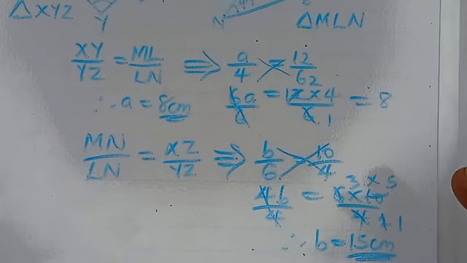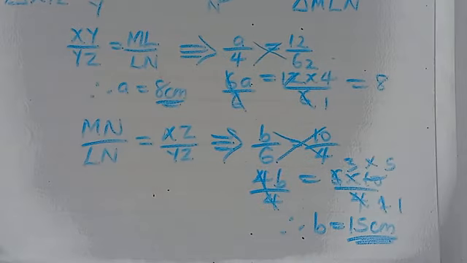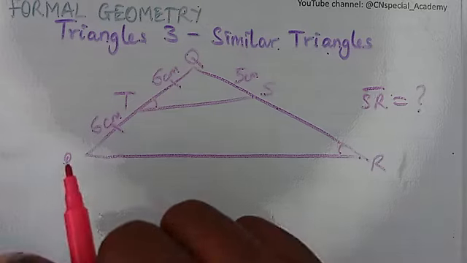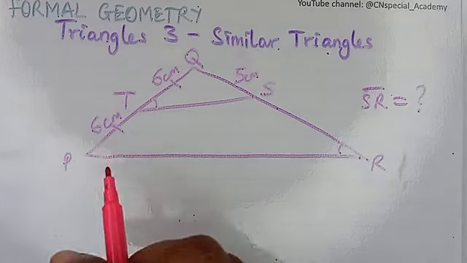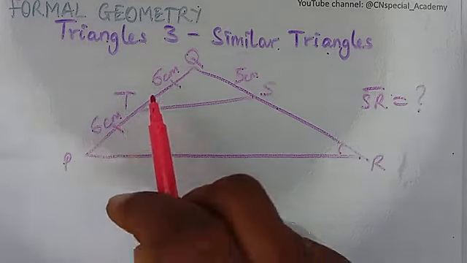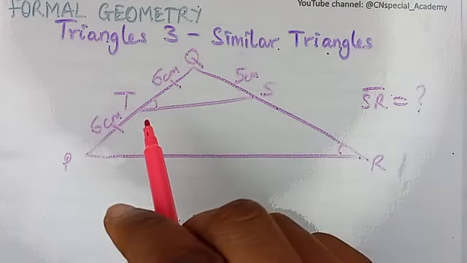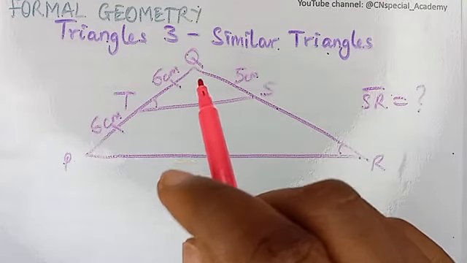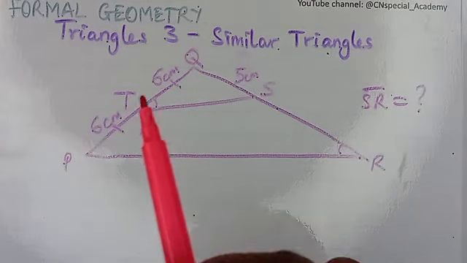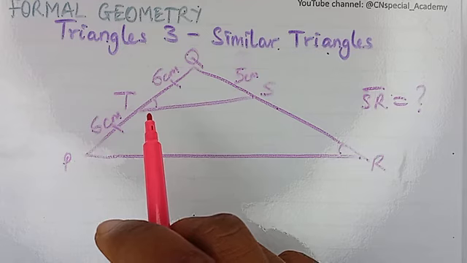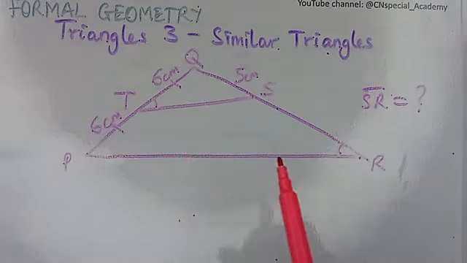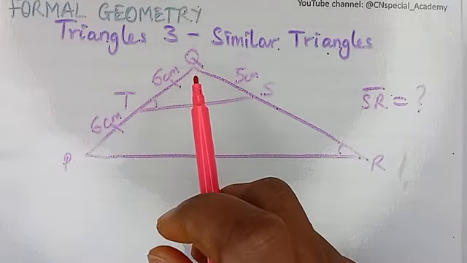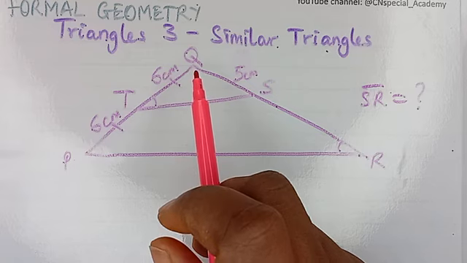So we can see how easy it is to solve. Now let's solve more examples so as to understand better. Now for the second example that we have here, we have this triangle. In this triangle, we could see it's made up of this big triangle and then this small one inside of it. We can see that this angle is equal to this angle. And both of the triangles, the big one and the small one, share this angle.